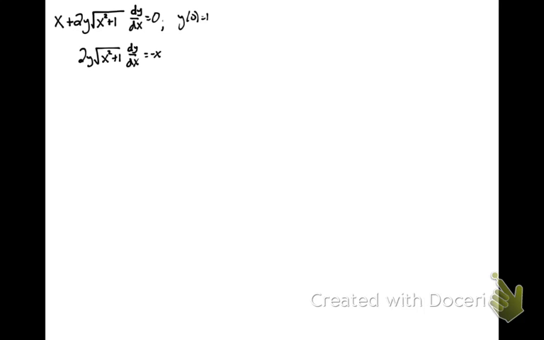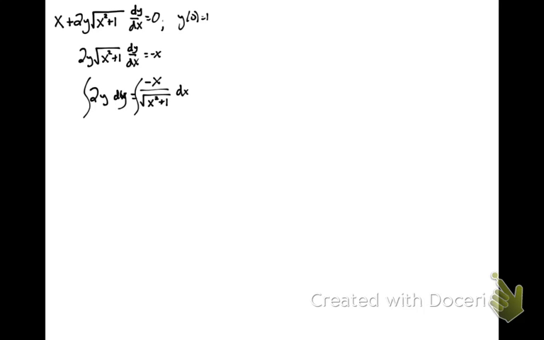Now, if I divide both sides by the square root of x squared plus 1 and multiply both sides by dx, we have negative x over the square root of x squared plus 1 dx. And that looks an awful lot like something related to arc sine. And this should be not dx, but 2y dy.